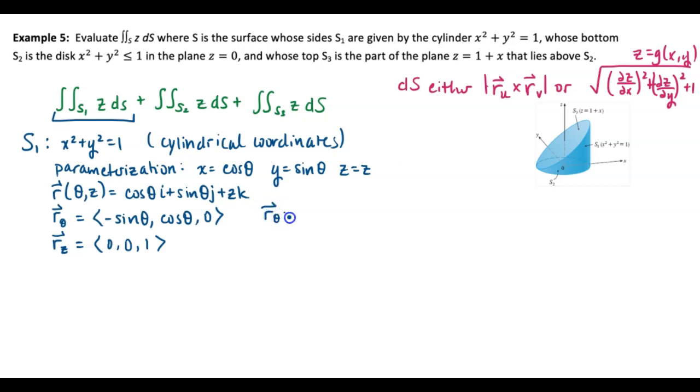So we can find that cross product of those two vectors by setting up that determinant of i, j, and k, where we have negative sine of theta, cosine of theta, 0, and then we've got 0, 0, 1.